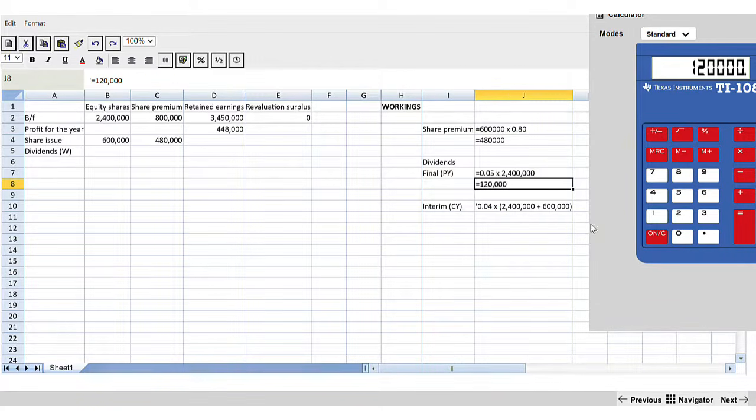So does that mean you've got 3 million? 2.4 plus 0.6. Yeah, so I've got 3 million times 0.04, which gives me 120,000. Excellent.